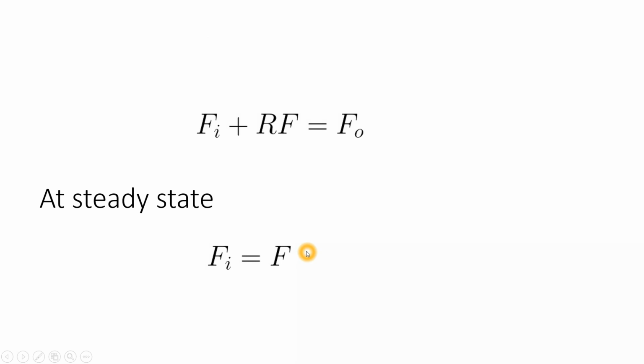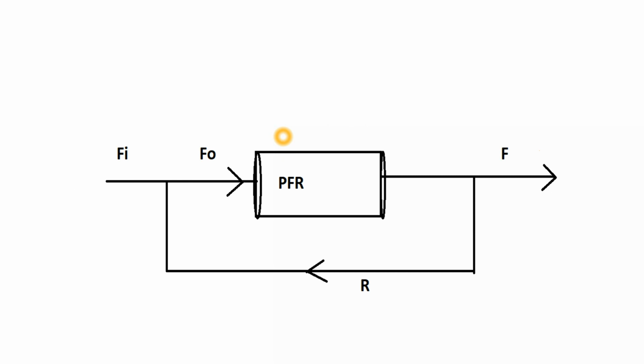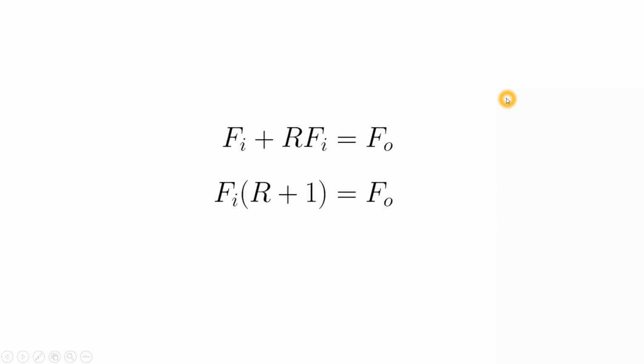Fi is equal to F at steady state. Then Fi plus RFi is equal to F0, since instead of F I can write Fi.